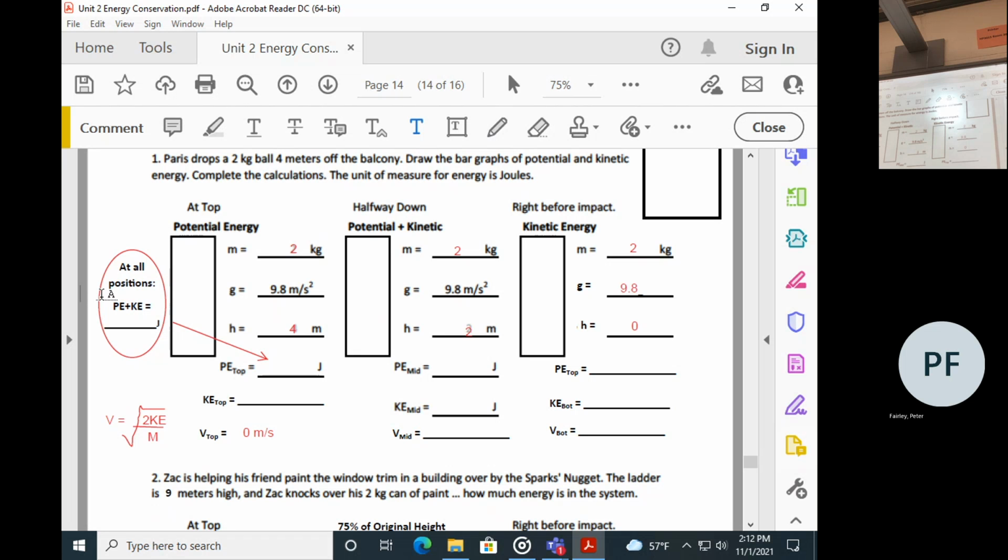Then divide by the mass, which, for this problem, is a little weird because that's also 2, isn't it? Should bring you right back where you were before. Now you have to find the square root function on your calculator. If you're using your phone, you've got to turn your phone sideways.